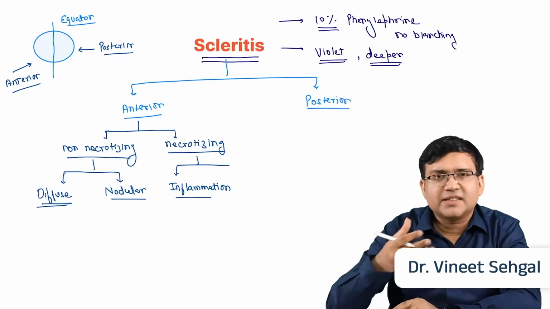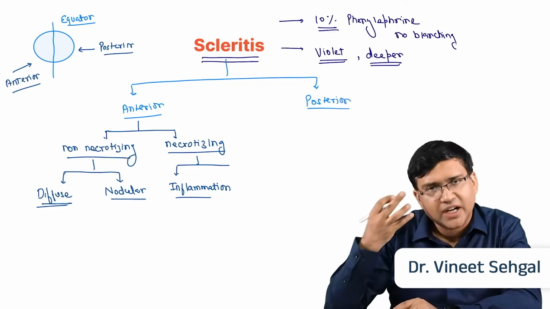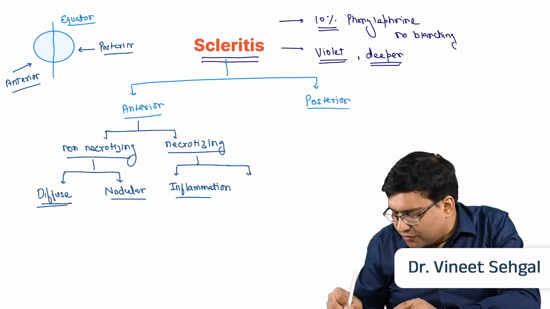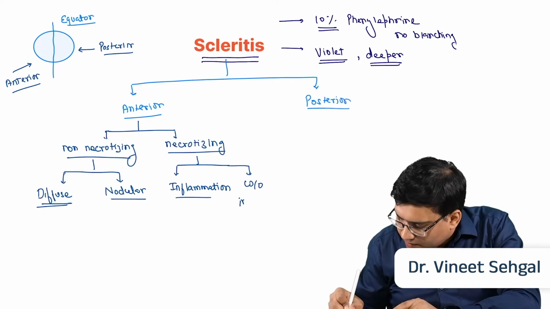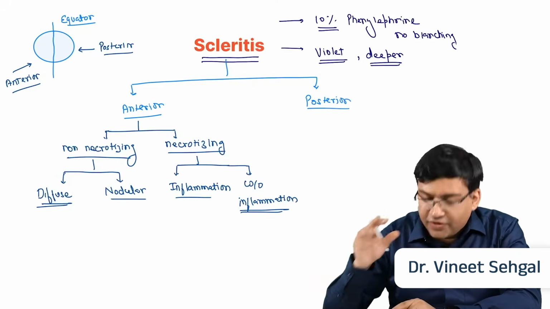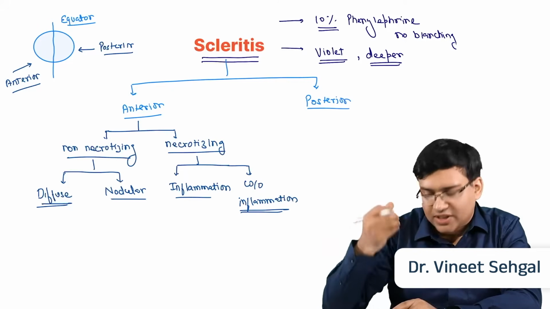So let's say the patient is having Wegener's granulomatosis and you are having an inflammatory necrotizing, or without inflammation. Now, if it comes without inflammation, that is very important. Why? We would study it later.